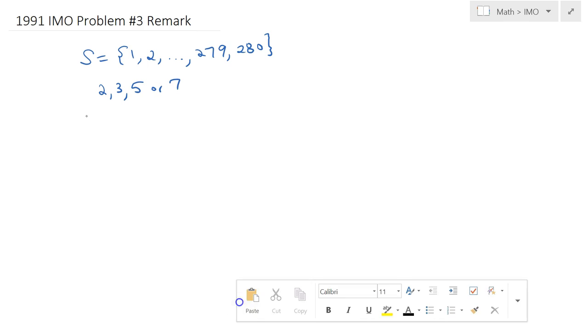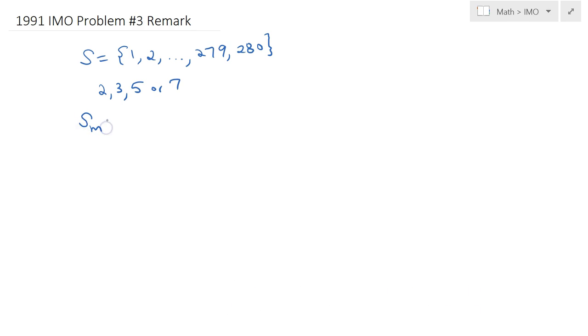For that, I would like to define S sub m to be the set of integers in S such that these integers are divisible by m.